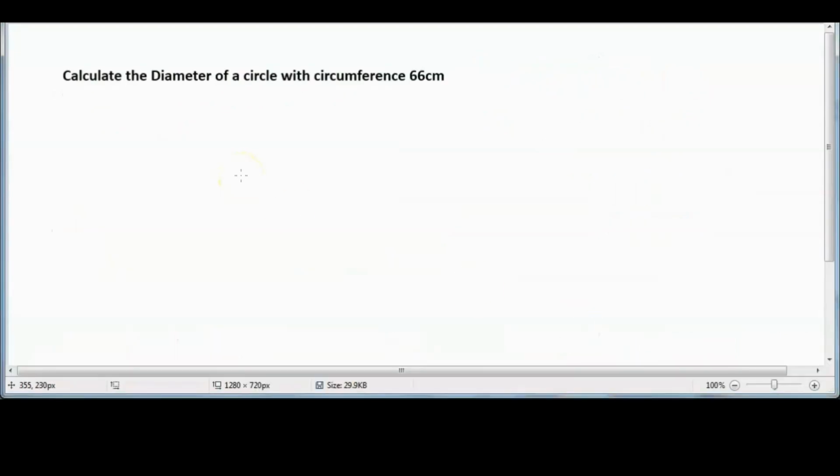The last question, calculate the diameter of a circle with circumference 66 centimeters. We know that the formula for calculating the circumference of a circle is C equals to 2 pi r. That's the formula for calculating the circumference of a circle. But the diameter of a circle is given by D is equals to 2r.